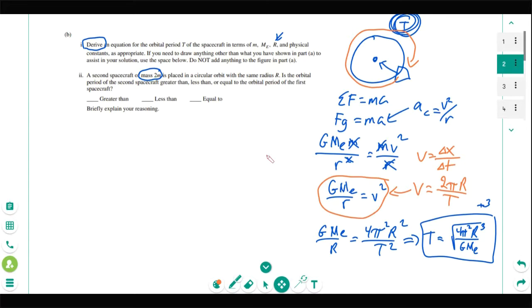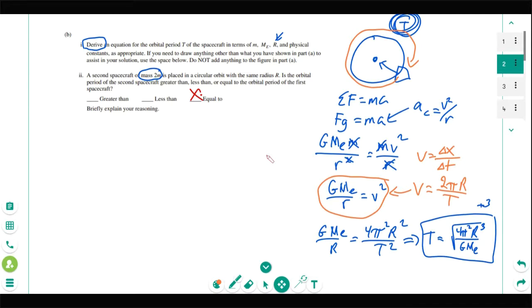Okay, I've got one vote for equal to with a question mark. What else do we have? There's another equal. Okay, that's good. Another equals. Okay. Yeah, you guys are all exactly right. This will be perfectly equal. And now explaining your reasoning, I'm going to steal basically what Rhea said here.